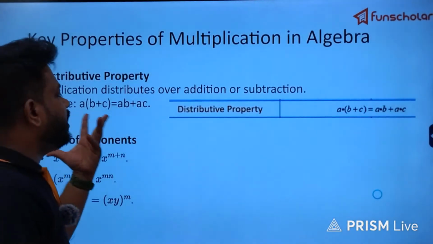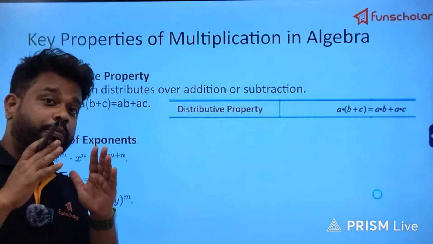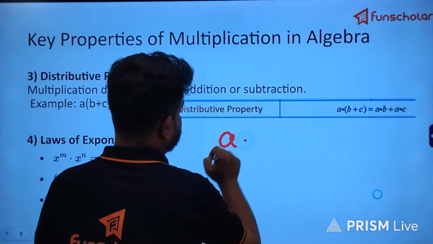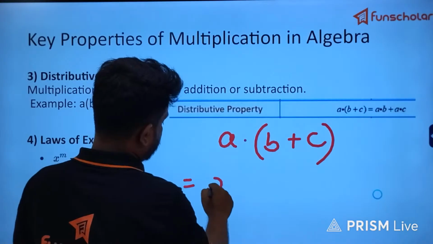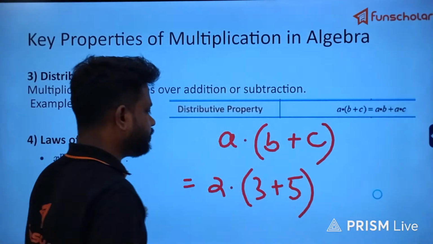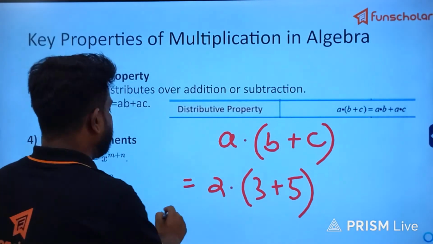Now we will be learning about the distributive property, and yes, the distributive property works for multiplication. This one is a live example of the distributive property.